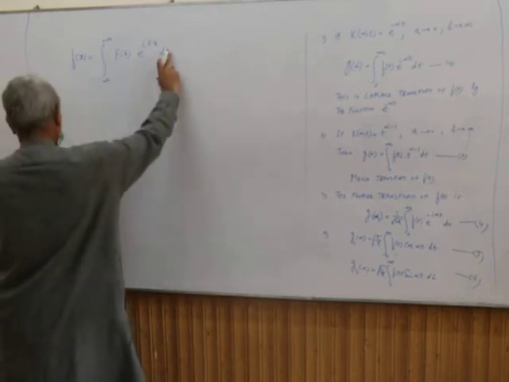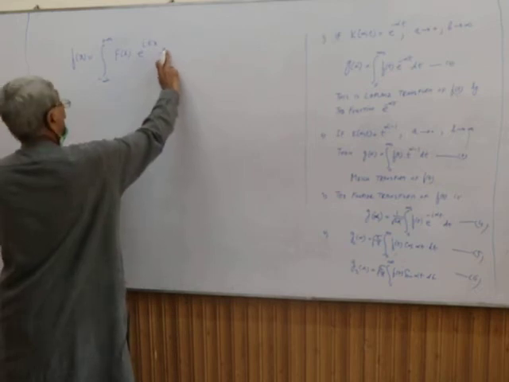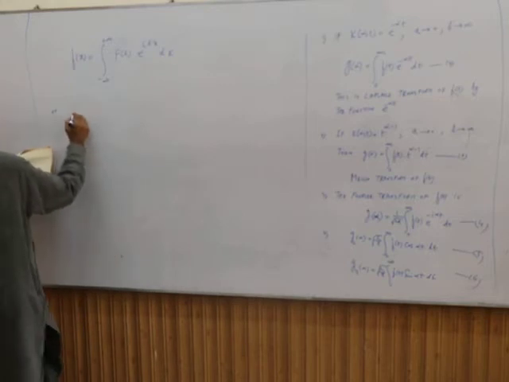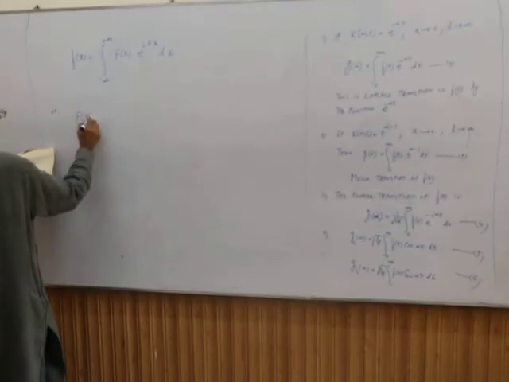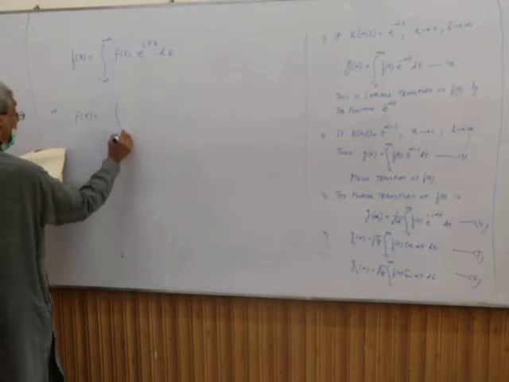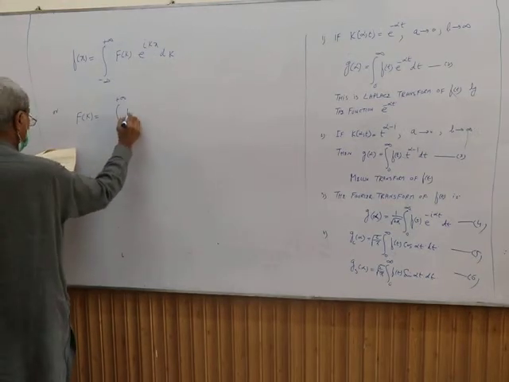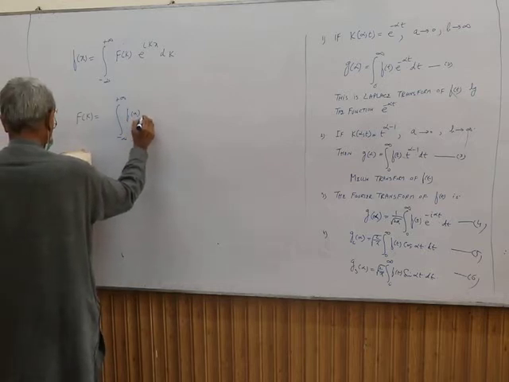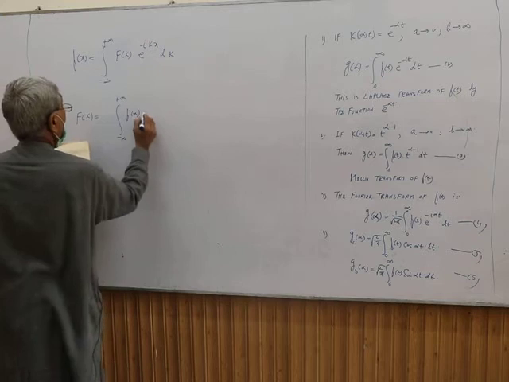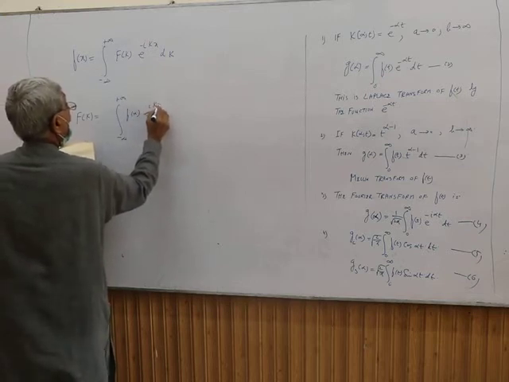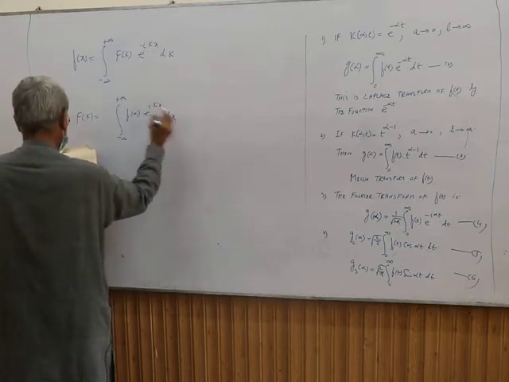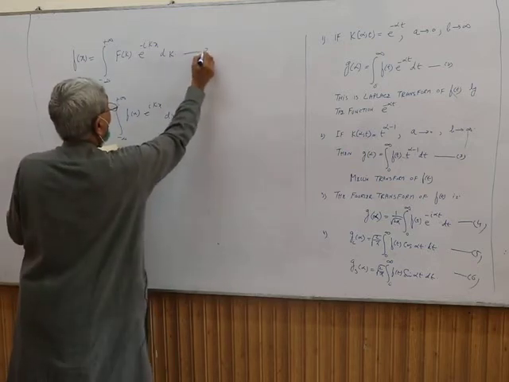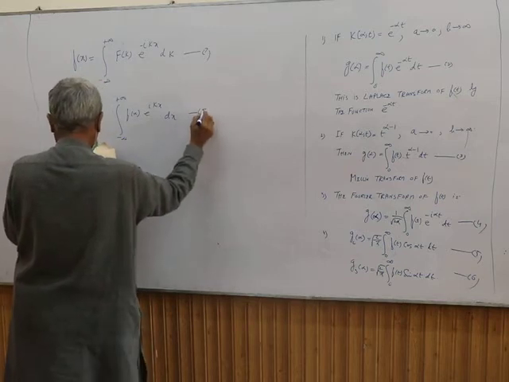Sorry, this is dk. And similarly, f(k) is equal to integral from minus infinity to plus infinity of f(x) e raised to the power minus ikx dx. This is 7 and that is 8.